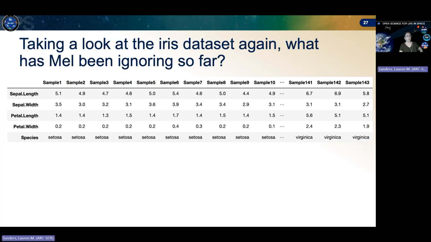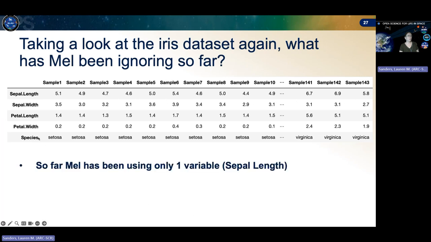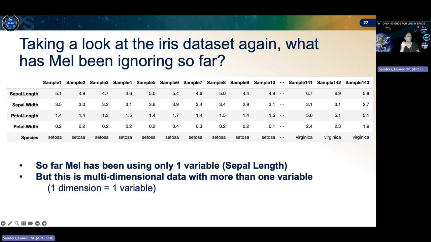So taking a look at the iris data set again, what has Mel been ignoring so far? Well, we've only really used this one variable, sepal length. We also used the species variable. We haven't used any of these other numerical variables. This is what we call multidimensional data.